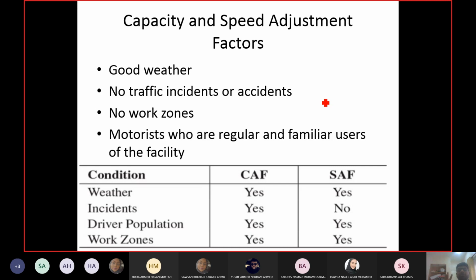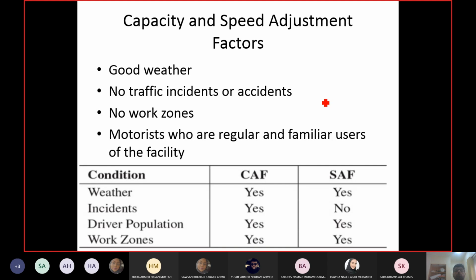Sorry, to be clear: weather, work zone, and motorists who are regular and familiar users. For speed, these are the 3 adjustment conditions.